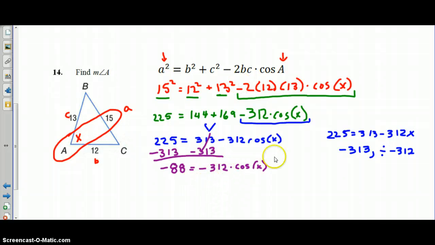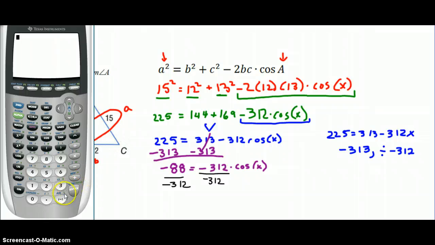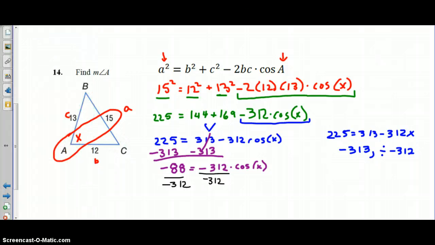Now, in order to undo multiplication, like we saw over here, we're going to divide by negative 312. If we do that using our calculator, negative 88 divided by negative 312 is equivalent to, because this is not our final answer, 0.2821 if we round to 4 decimal places.